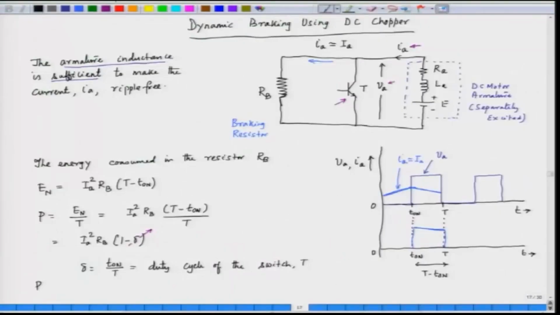The effective resistance seen by the motor is P by Ia square, that is equal to R B into 1 minus delta, and hence by varying the duty cycle of the switch we can change the braking resistance. So, this is how the motor can be braked dynamically.